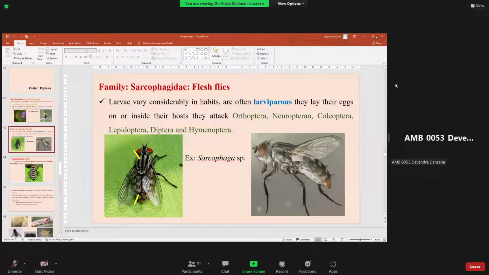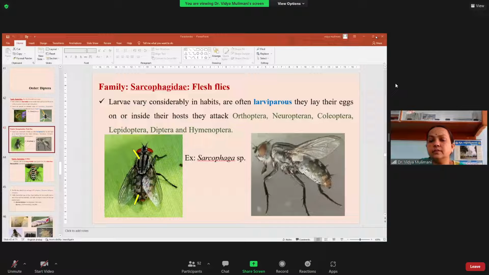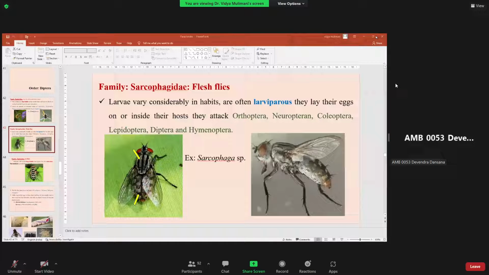Excuse me, ma'am. Suppose we are talking about the primary parasites, like the primary one and then the secondary one. If it is primary, we know that it is harmful to a group of insects. We are employing a particular insect, and it is a pest on some other insect. If it has a secondary host also, then as you said, it would be harmful to humans or somewhere else.